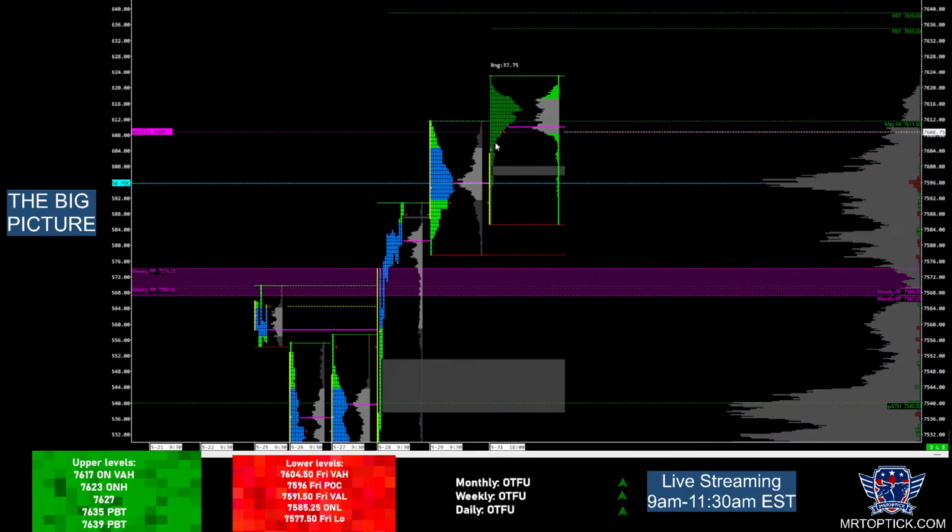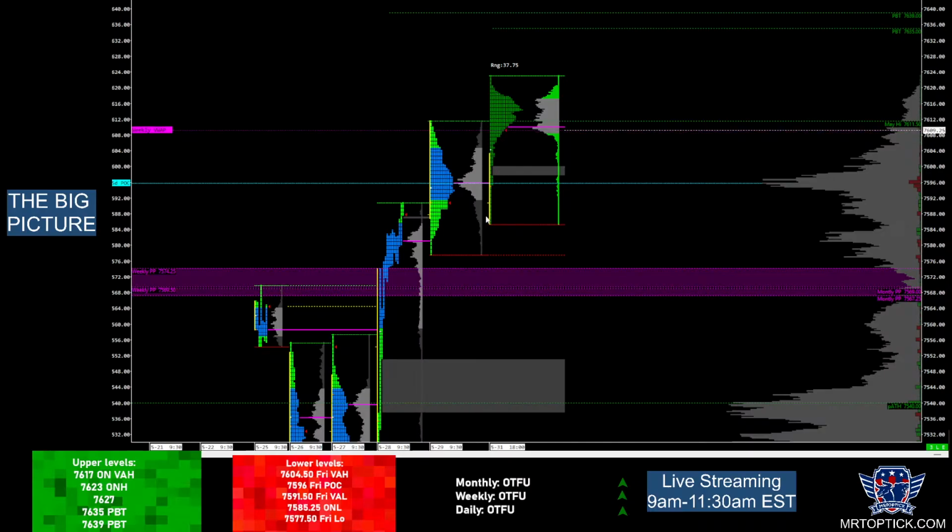Then look for a short back to, well, this is the first target, the 5-day point of control. That's the point of control from Friday. And then see if we can get to value area low from Friday. So that's the value area rule that says that if we come back inside value, we should test the other side of value.